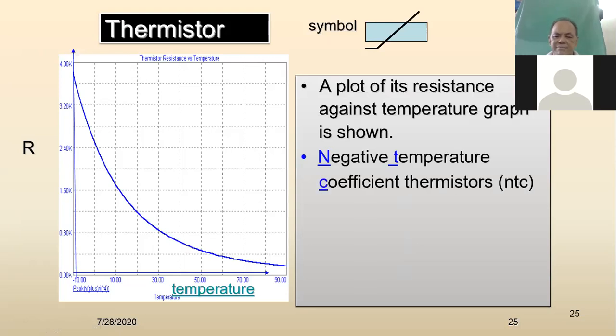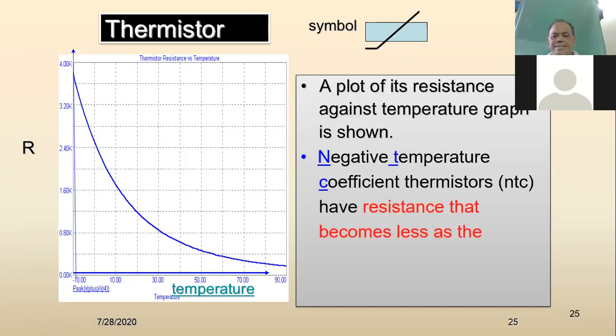N for negative, T for temperature, C for coefficient. This is the one that we are interested in. We're not interested in PTC, the positive temperature coefficient, where the resistance increases with temperature. We're interested in this one, where the resistance decreases with increasing temperature. Resistance becomes less as the temperature of the thermistor rises.